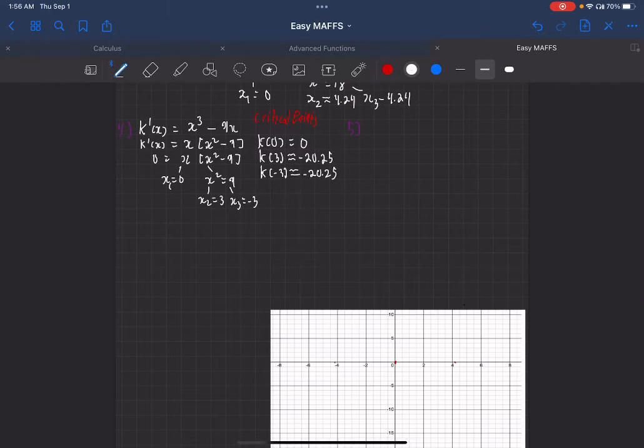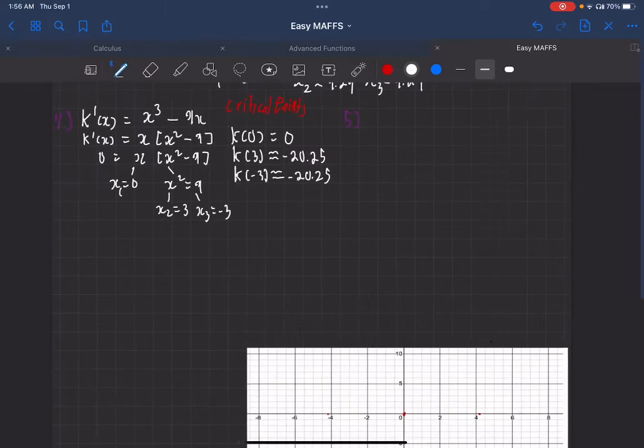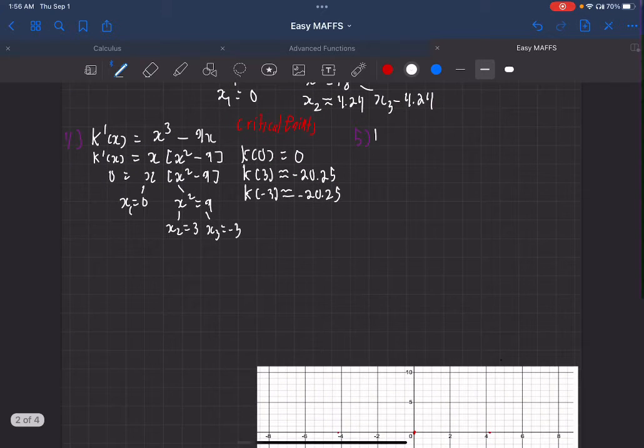So how do we find these points of inflection? Well, we set the second derivative equal to 0. And before we can do that, once again, we have to find our second derivative. So k double prime of x equals 3x squared, right? Move the 3 down and then minus 1. So 3x squared minus 9.